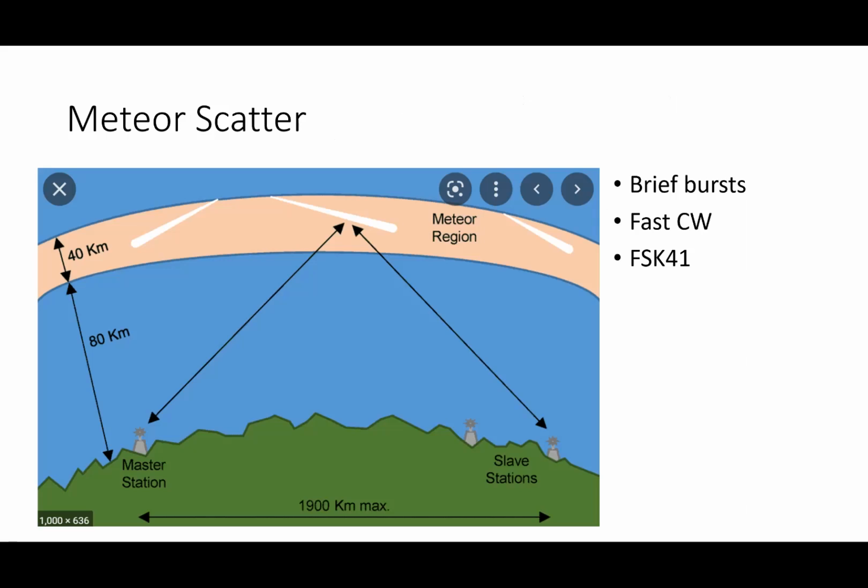Another fun thing to do is to scatter signals off meteors. It was realized by Joe Taylor that meteors, micrometeors, are occurring all the time. Now, it used to be that people would communicate via meteor showers by timing their transmissions to the well-known popular meteor showers, Leonids and so on, Perseids, and then send very fast Morse code repetitively so that when a meteor passed by, a reflection would be heard by a distant station who would then try and reply by the same mechanism.